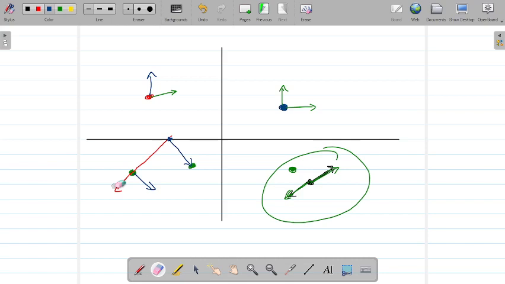And how about P2 over R? What are the bases? First of all, let me tell you what P2 over R is. It is the set of all polynomials of degree less than or equal to 2, a plus bx plus cx square, where a, b, c come from the real numbers.